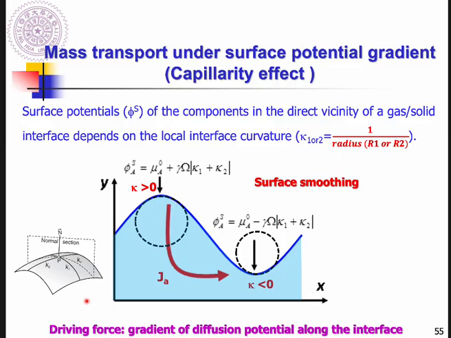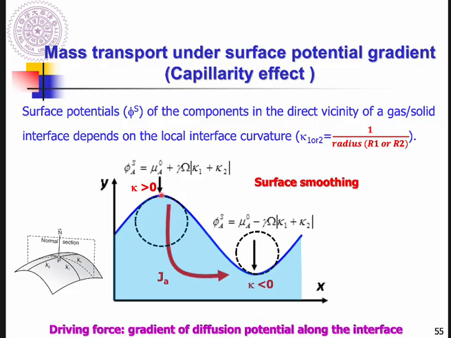Because it is a curved surface, and we usually use two orthogonal axes to describe any curved surface. So there are two corresponding radii, and their reciprocals are kappa 1 and kappa 2.